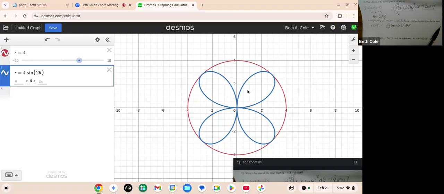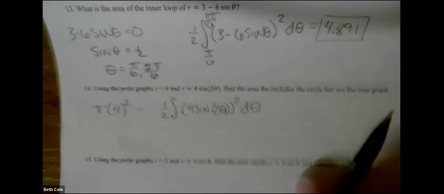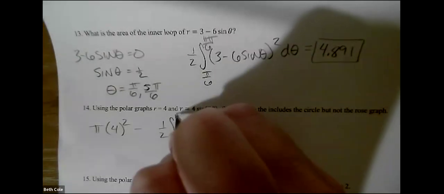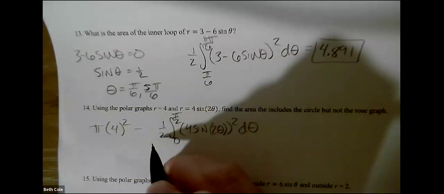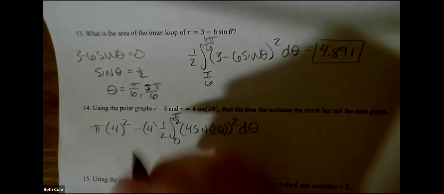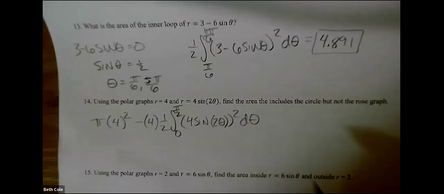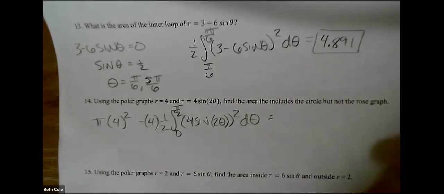So that's where you're hitting the pole. So just this one petal is from 0 to pi over 2. There are 4 petals, so I need to subtract out all 4 of them. And then I'm going to put this in the calculator.